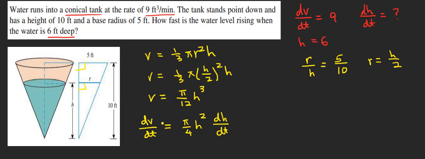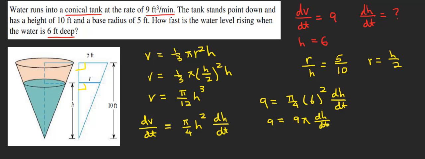Now let's plug in the given information. So this will be 9 equals pi over 4 times h, which is 6, squared, times dh/dt. So now you get 9 equals 9 pi dh/dt. So dh/dt is 1 over pi.